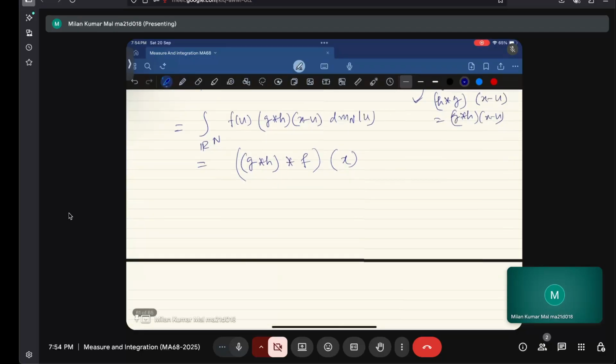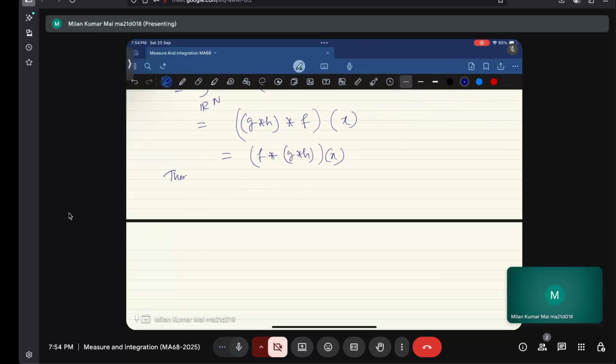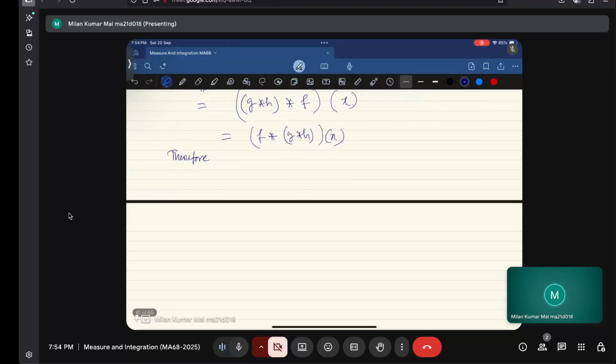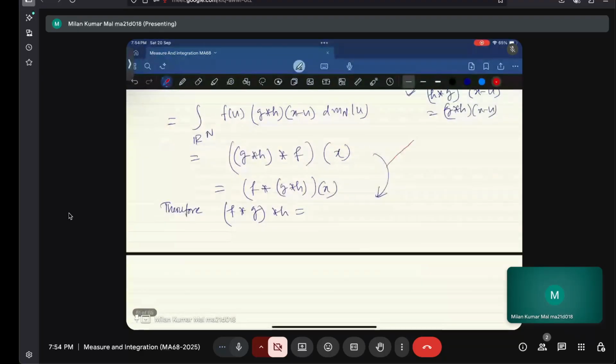But now again using the fact that f star g star h at the point x, therefore what we got is f star g star h is equal to, here we are using the same logic.